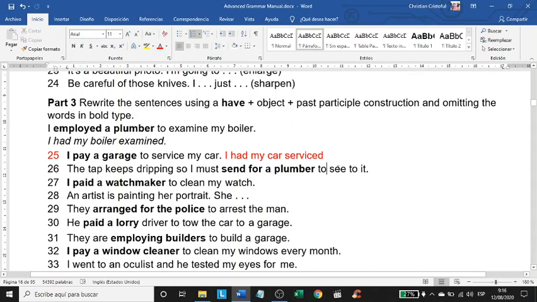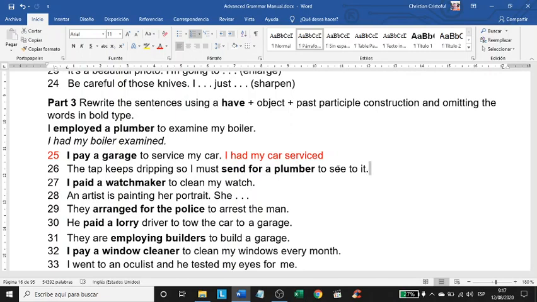Okay? Notice the verb. The verb is to see to. See to means to check and to fix something. Okay? So I must send for a plumber. So I'm not supposed to write plumber or send because I need to omit this.